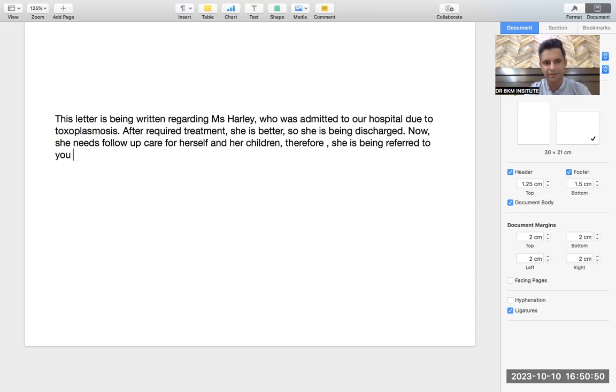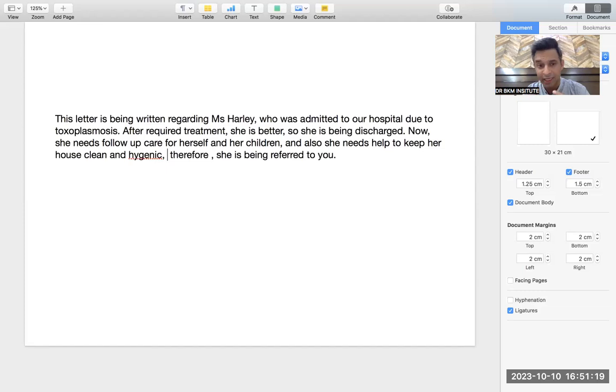But in this letter, domiciliary care is also a very important thing. So she needs follow-up care for herself and her children, and also she needs help to keep her home clean and hygienic. This is an additional point I am adding.